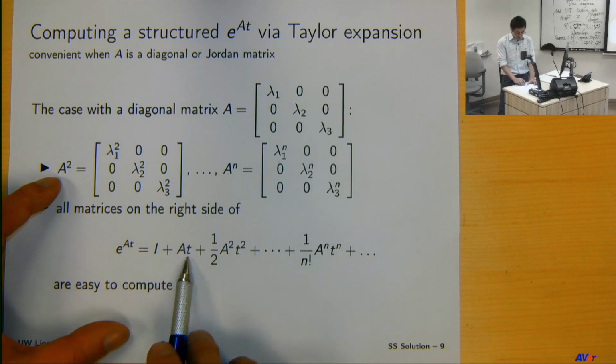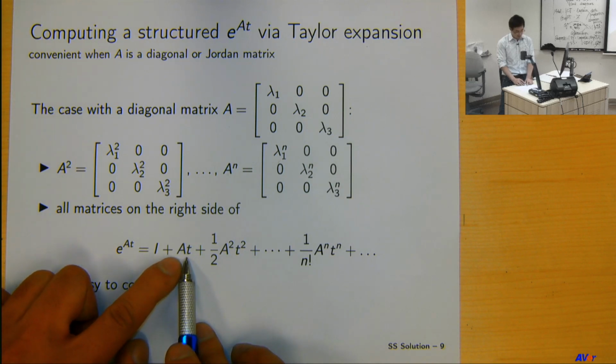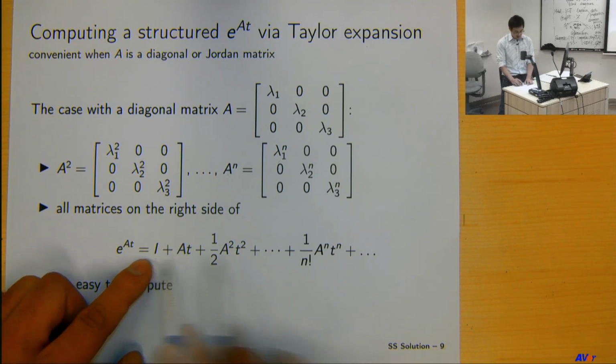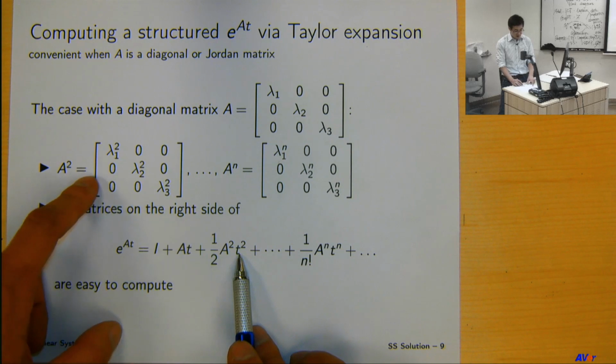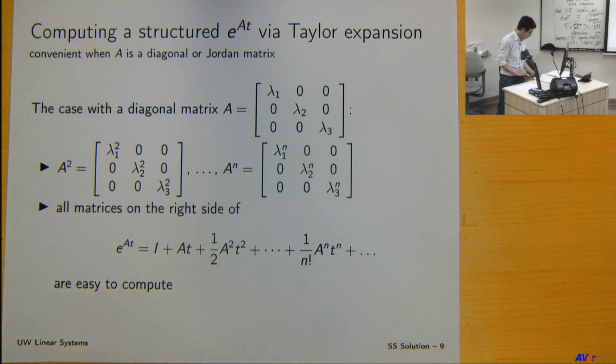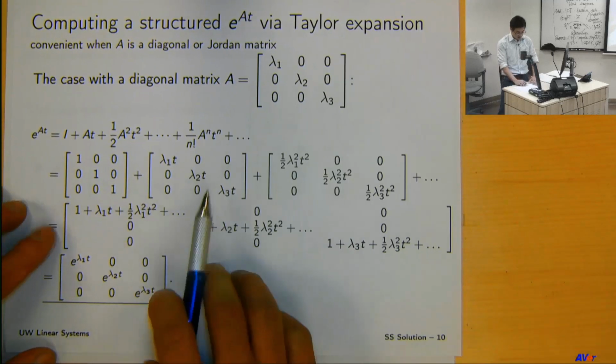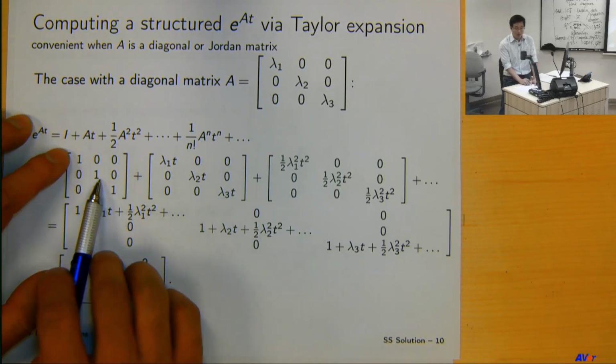In the Taylor expansion formula, you can see that AT is diagonal, I is diagonal, and A squared times T squared is also diagonal. So all these are easy to compute. Here are the details. Identity is 1, 1, 1.